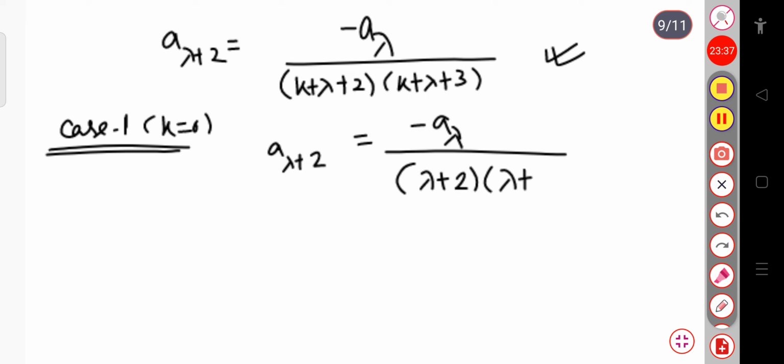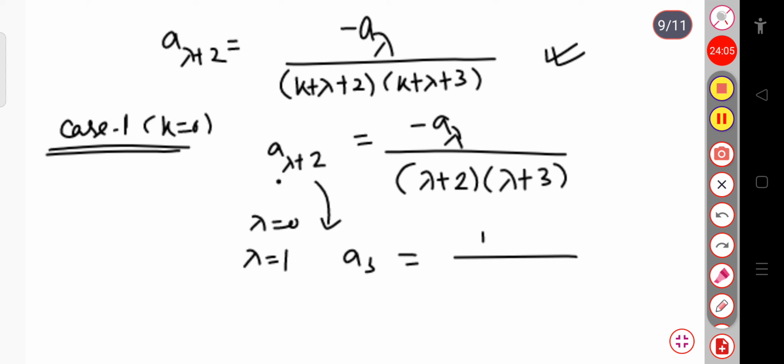And here, if you put the lambda value to be 0, then this will be a2 and this will be minus a0 divided by this much. But when you put the lambda value to be 1, then on the left side you will get a3, and on the right hand side you will get something into a1.